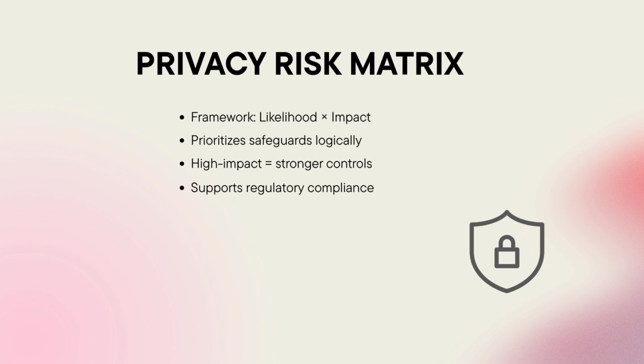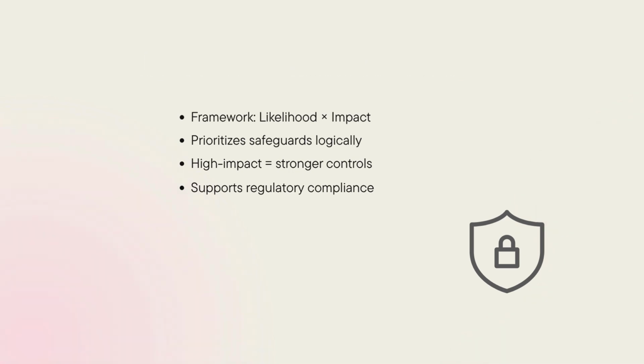Using this framework ensures organizations don't rely on guesswork or gut feeling. Instead, they can prioritize protections where they matter most. Strong encryption, access restrictions, or monitoring in high impact cases. It also creates documentation that auditors and regulators expect to see, proving that risks were considered systematically.